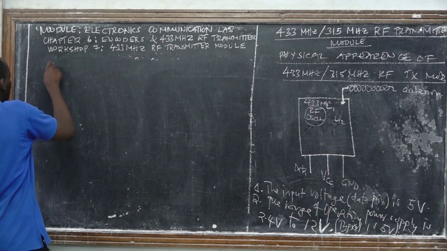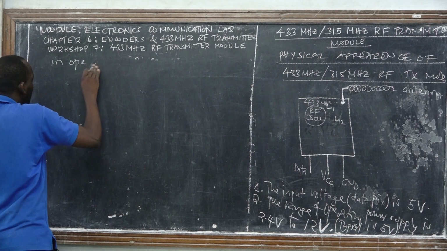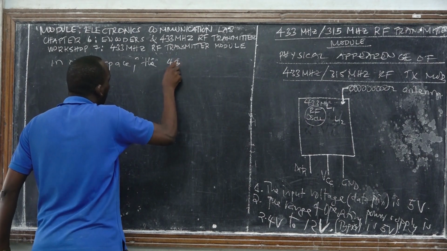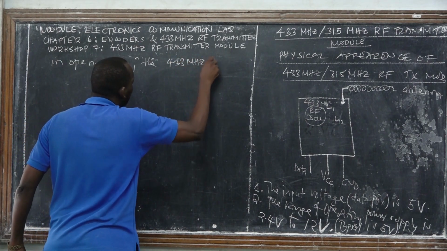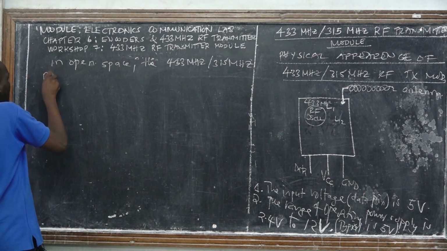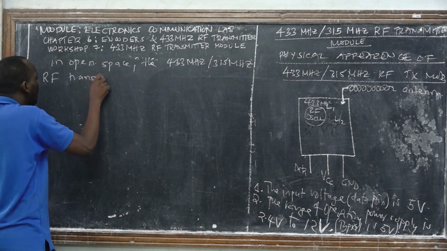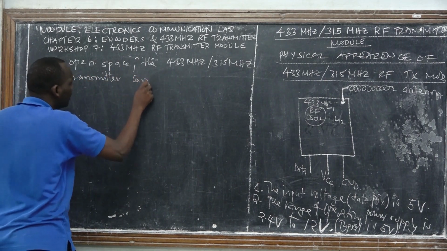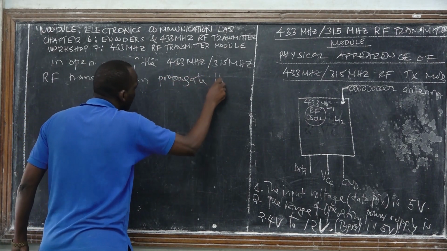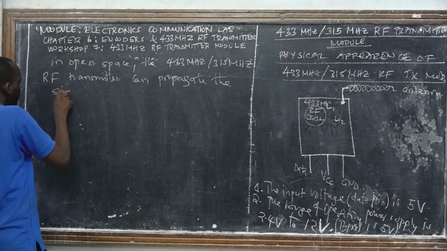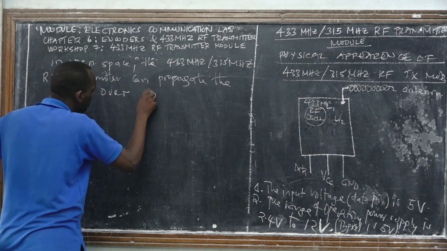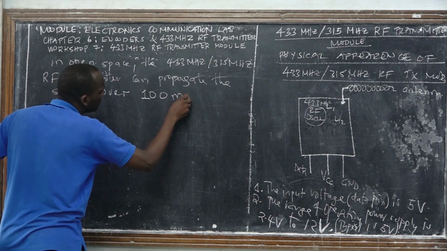In open space, the 433 megahertz or 315 megahertz RF transmitter can propagate the signal over 100 meters.